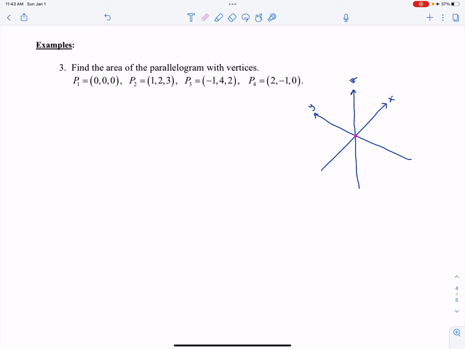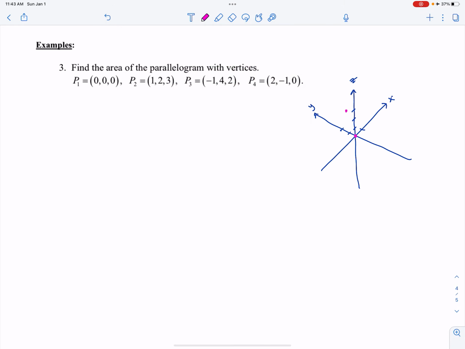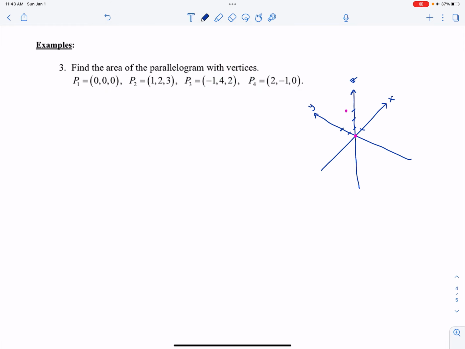Then we've got 1, 2, 3. So 1, 2, and 3. Okay, next we've got negative 1, 4, 2.